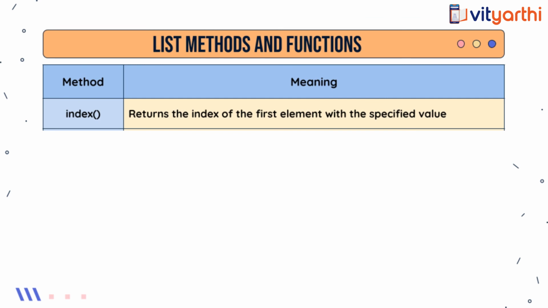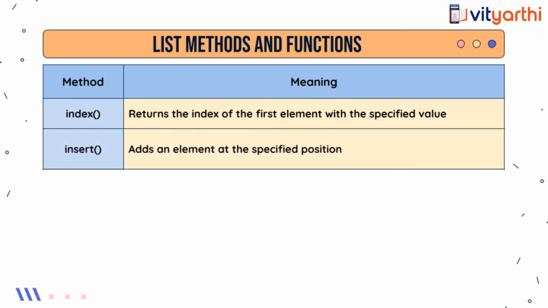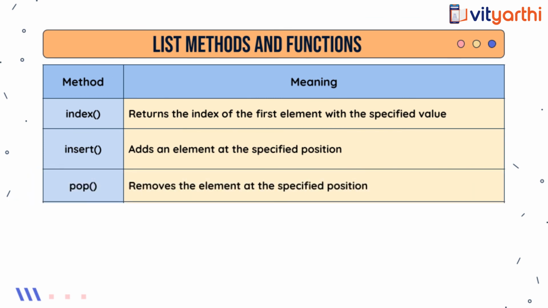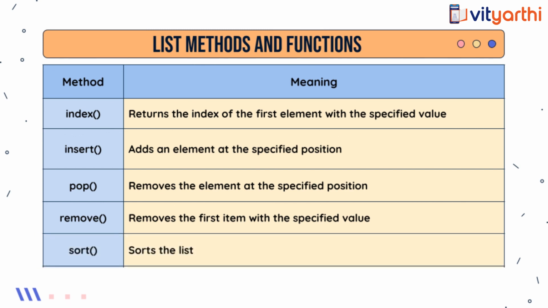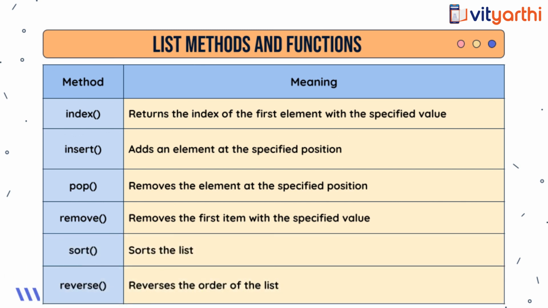Index method returns the index of the first element with a specified value. Insert method adds an element at the specified position. Pop method removes the element at the specified position. Remove method removes the first item with the specified value. Sort method sorts the list. Reverse method reverses the order of the list.